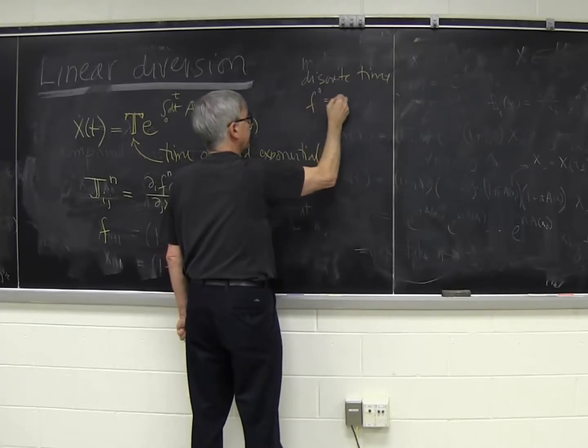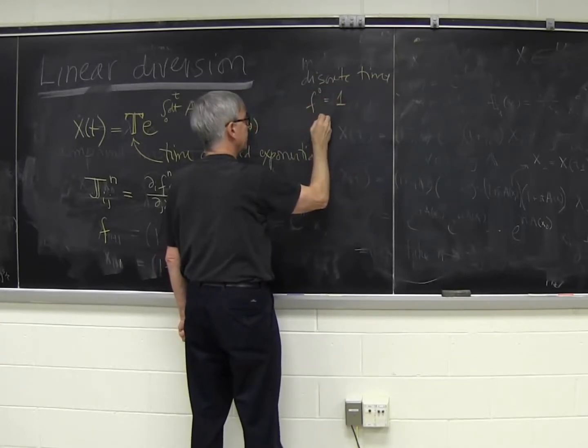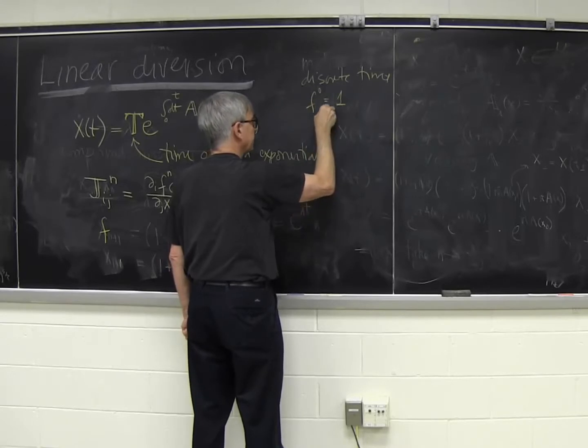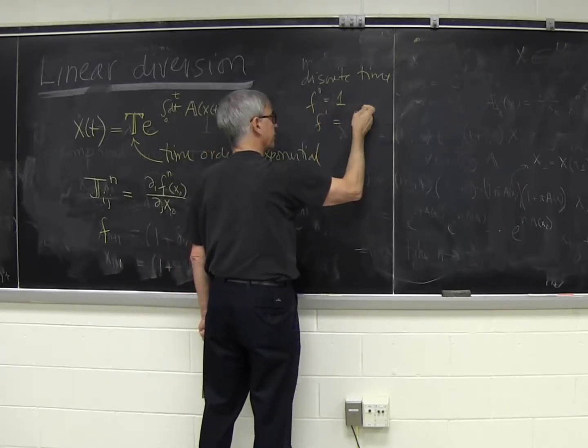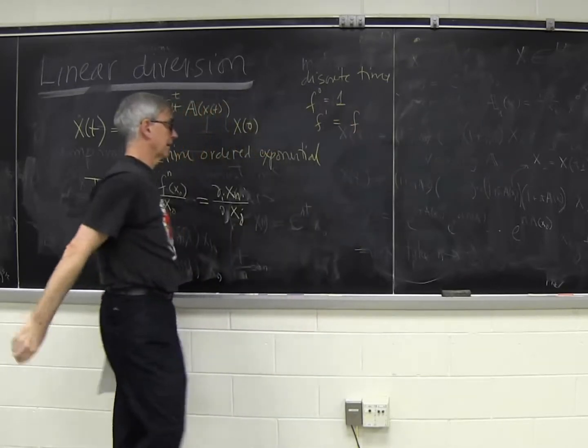f of 0 is identity, nothing changes. f of 1, you iterated once, and we will use a short abbreviation without the 1 in here.